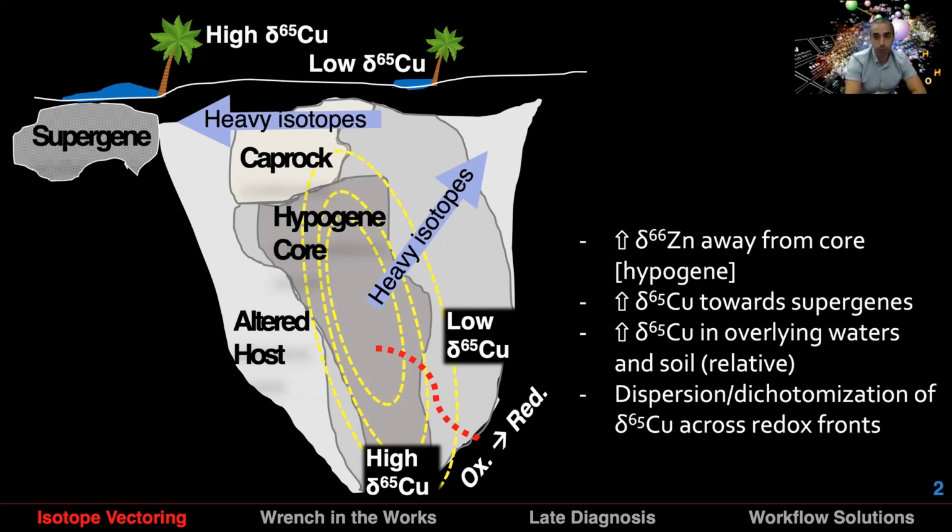And you will tend to see enrichments in heavy isotopes of copper towards supergenes and in overlying waters. And then again, when you have redox considerations, say you're moving from oxidized to reduced phases, you might see a dispersion or dichotomization, going from enriched in your heavier copper isotopes to enriched in the lighter isotopes.